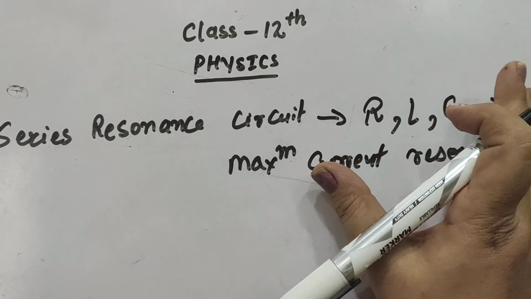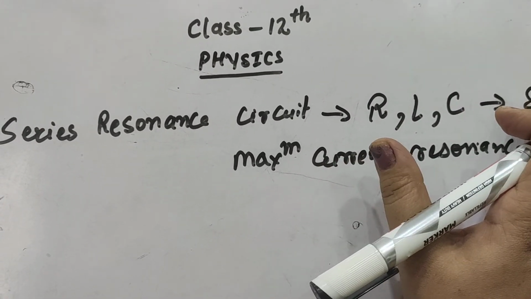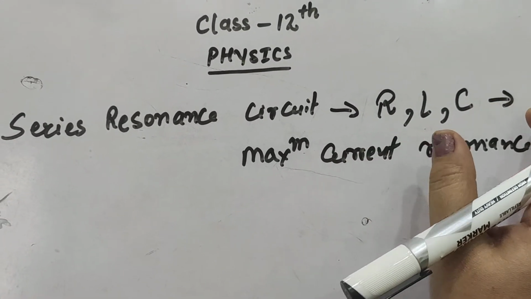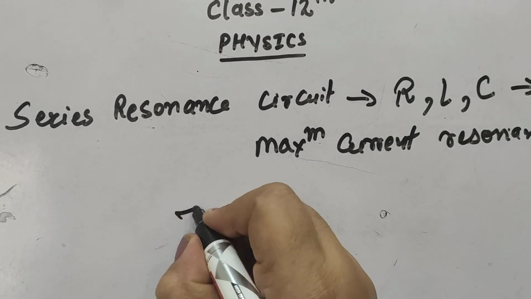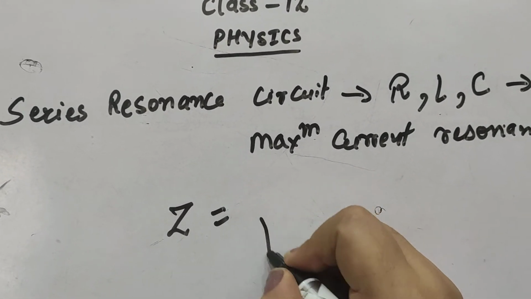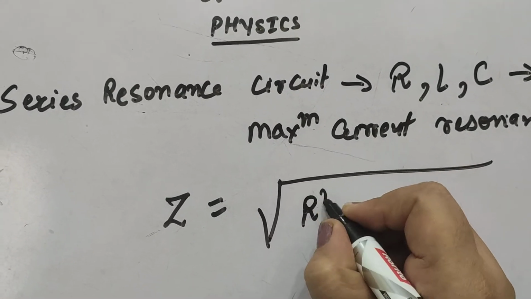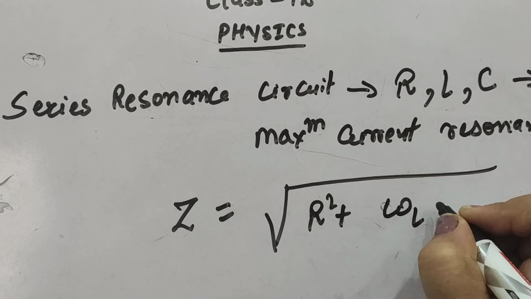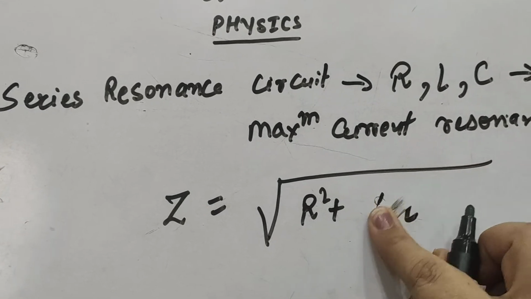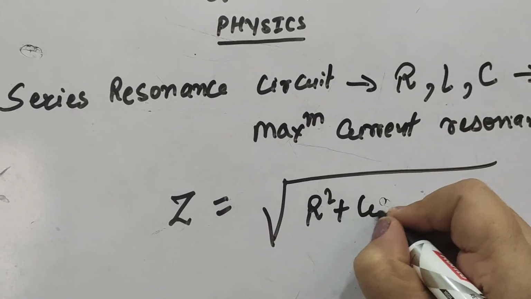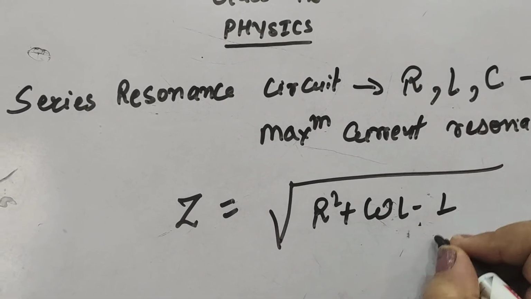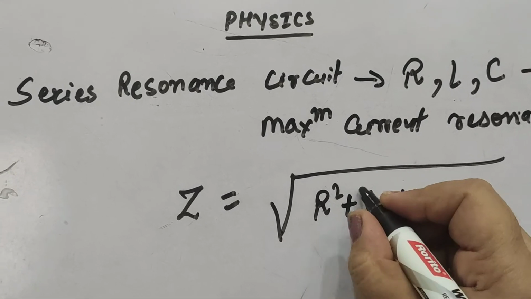Now we have studied in the previous videos that in the case of a series resonance circuit, the impedance of the circuit Z is given by the root of R square plus omega L minus 1 upon omega C whole square.